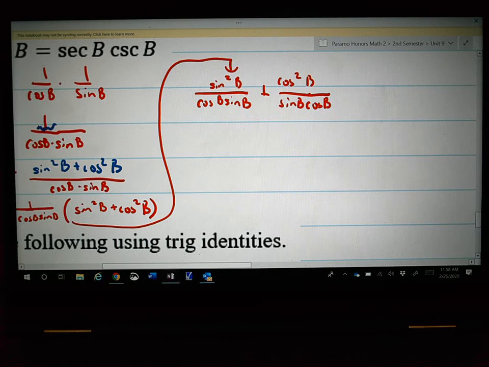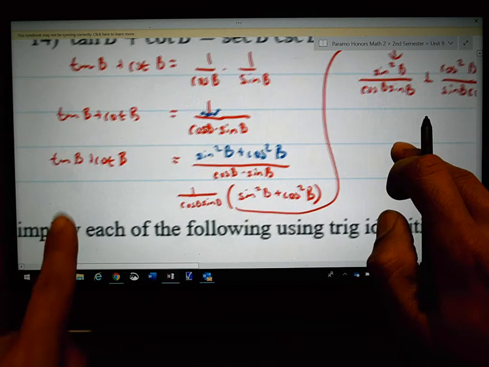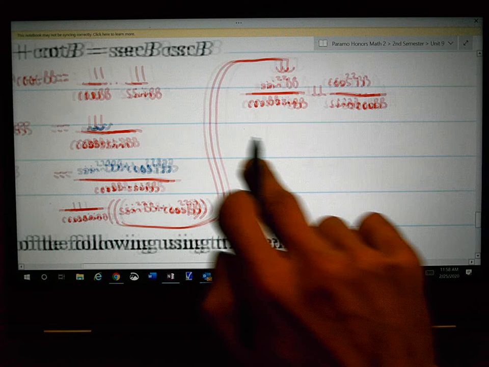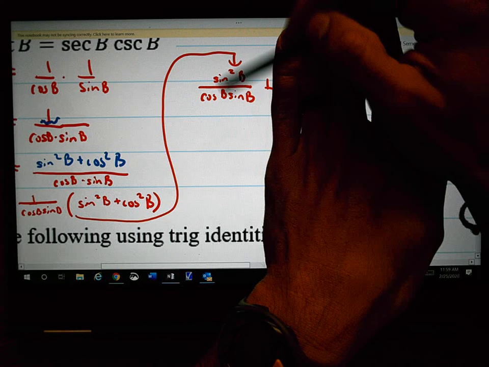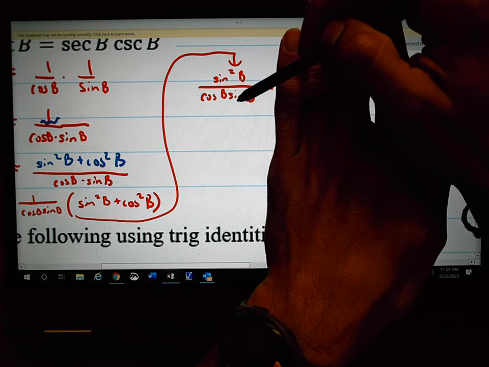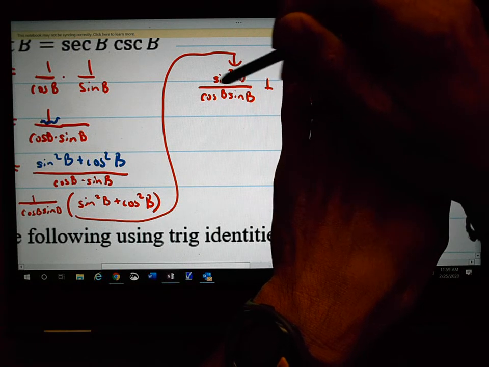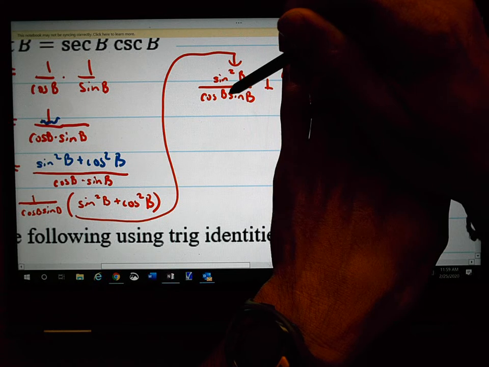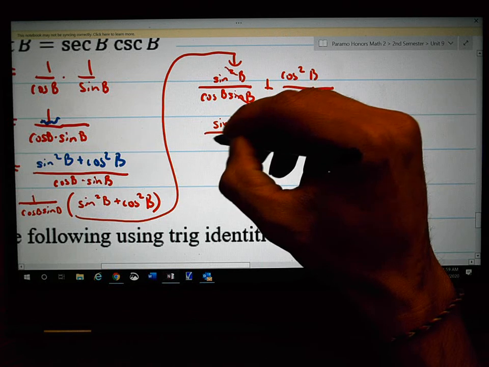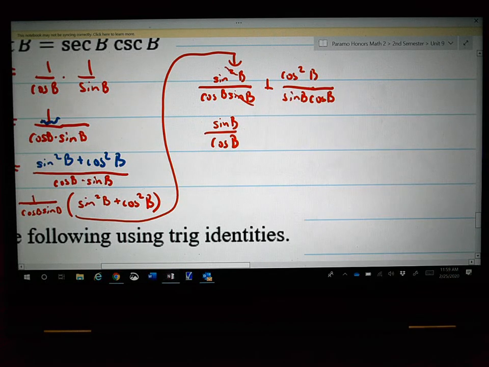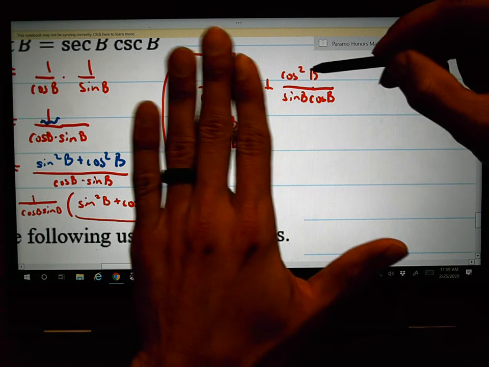Now, my whole goal is to turn this into a tangent plus a cotangent. Will something simplify on this side? Does sine go into sine squared? Since that's all multiplication, this can reduce. I think I see tangent. Cosine of b, cosine squared of b, this is multiplication.